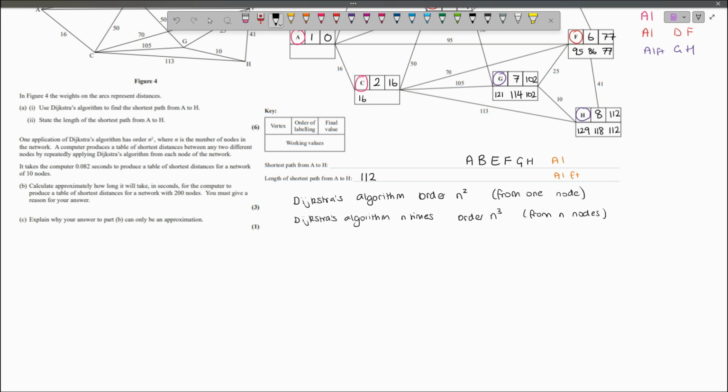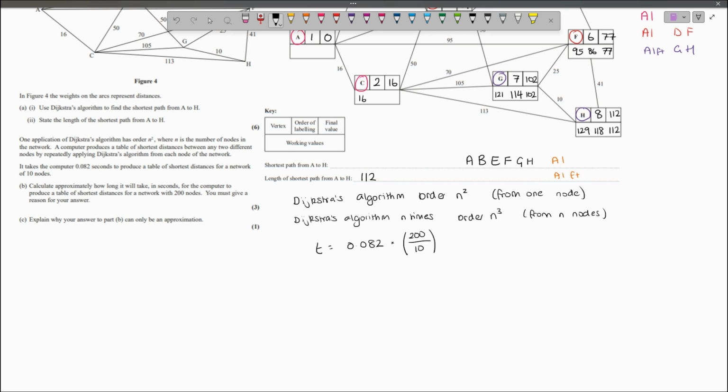So now we can calculate the time. The time taken is going to be the 0.082 seconds from the scenario with 10 nodes, or n is equal to 10. We've only got to multiply this by a scale factor. So if we're increasing the size of the problem from 10 to 200, the scale factor is 200 over 10.